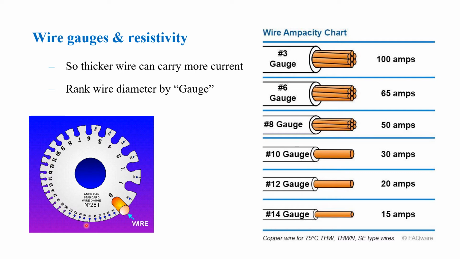If you're going to buy wires in an electrical supply store, you are sometimes asked for the gauge of the wire, and this is what gauge actually means. The smaller the gauge number is, the greater the current that the wire can carry.